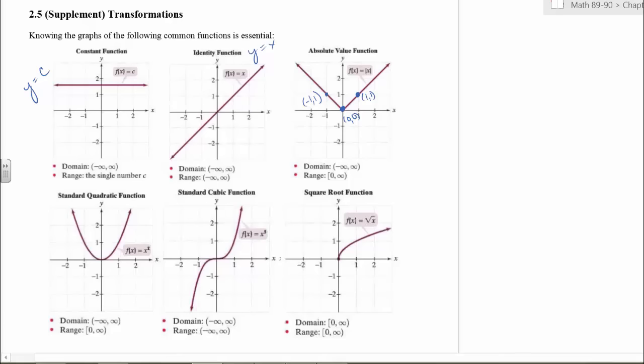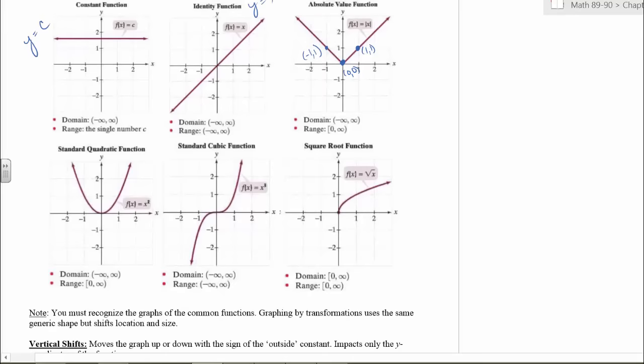Now, the next one, which is your quadratic, this is a parabola. Notice it's a nice, smooth U shape. And it also has the points 0, 0, and 1, 1. Oops, keep forgetting to write that second one. And then over here, you have negative 1, 1.